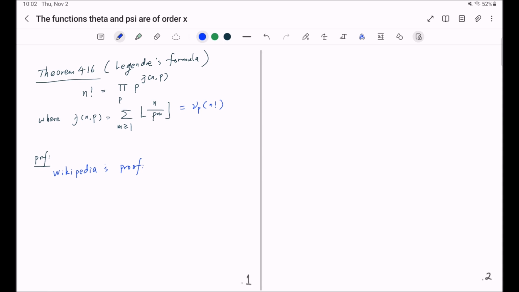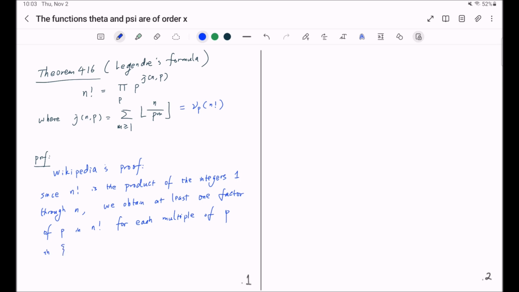Wikipedia says the following. Since n factorial is the product of the integers 1 through n, we obtain at least one factor of p in n factorial for each multiple of p in the set 1, 2, all the way to n, of which there are the floor of n divided by p many.